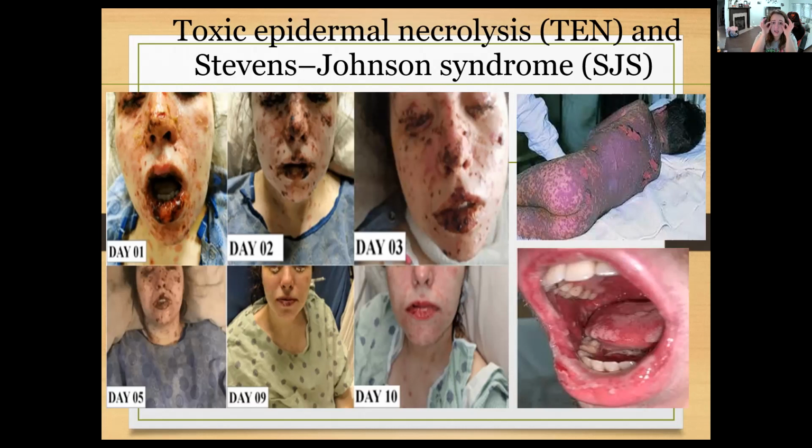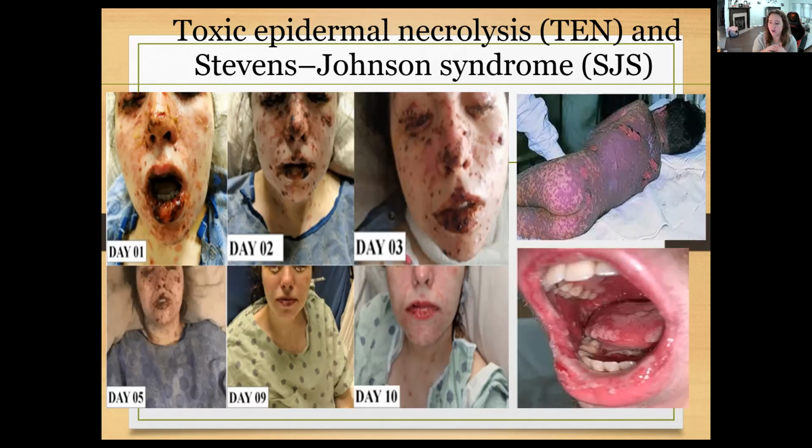Because if they're losing skin and everything's inflamed, they may lose the ability to blink and keep their eyes lubricated. And so they can have corneal abrasions, corneal ulcerations, and then keratoconjunctivitis is the medical term for the problem that can occur with Stevens-Johnson syndrome in the eyes.